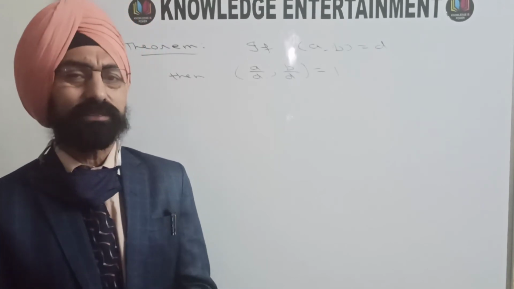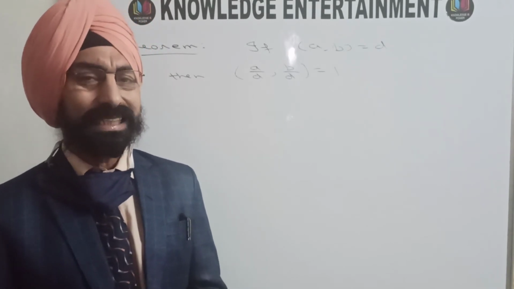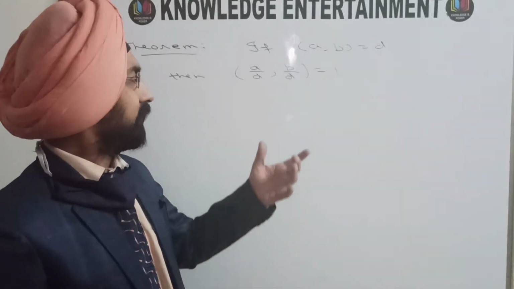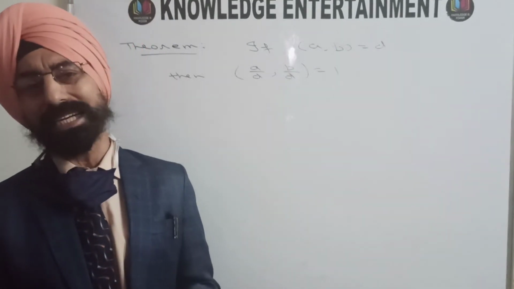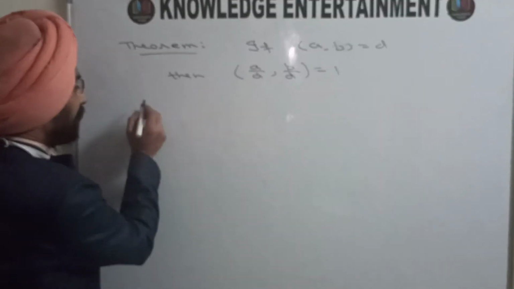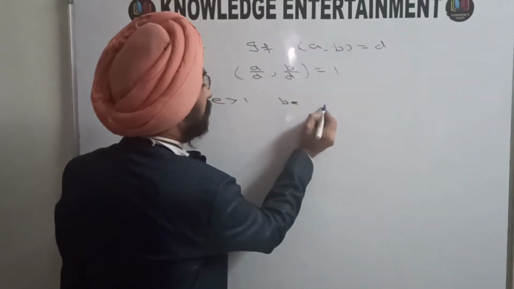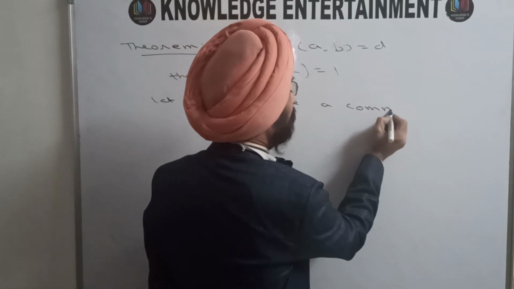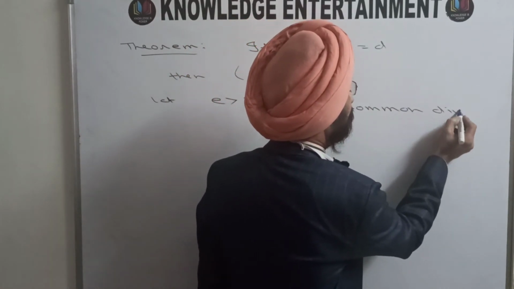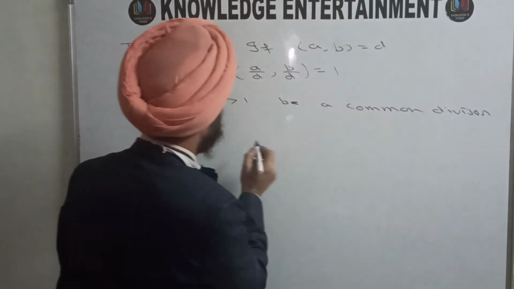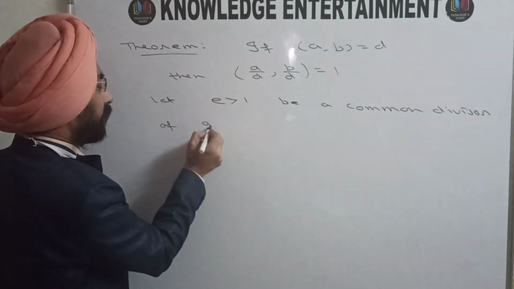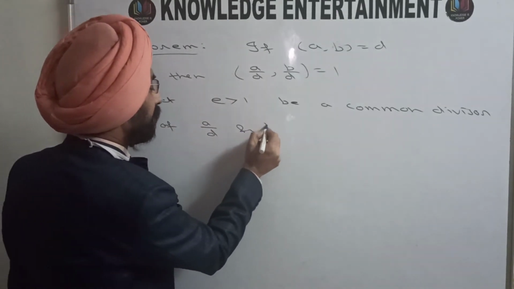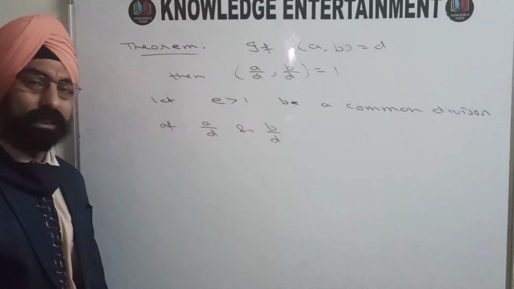We will suppose that there is some integer greater than 1 which divides both A upon D and B upon D. Let E greater than 1 be a common divisor of A upon D and B upon D.